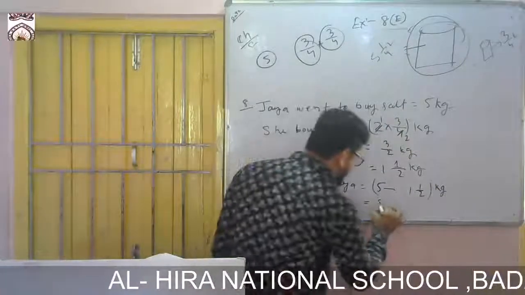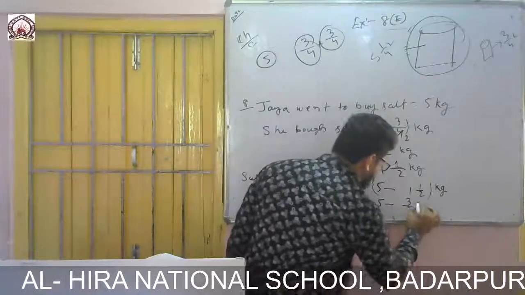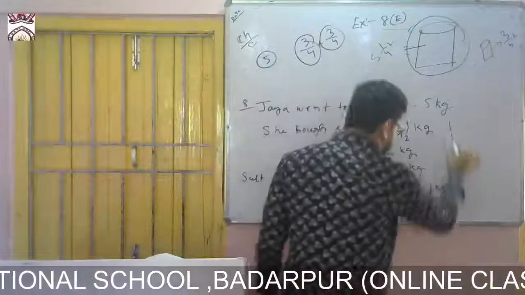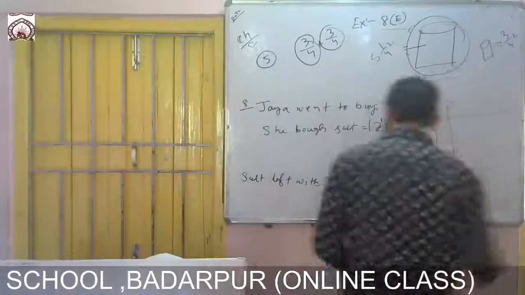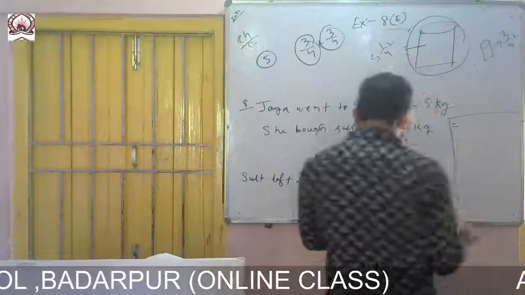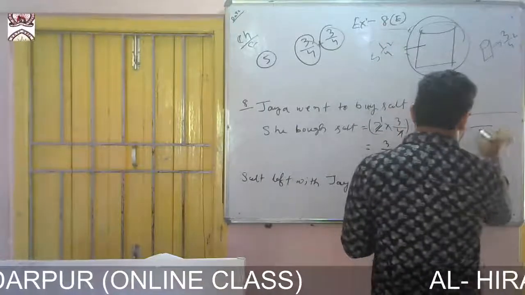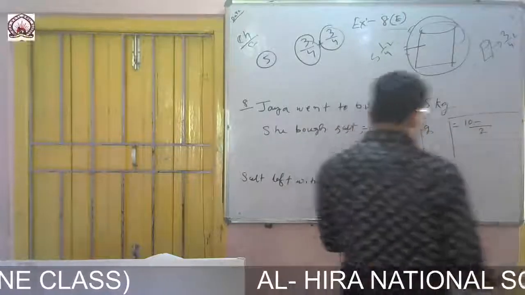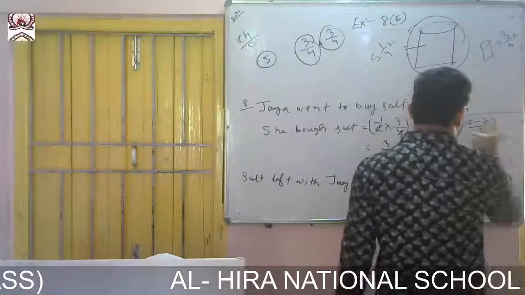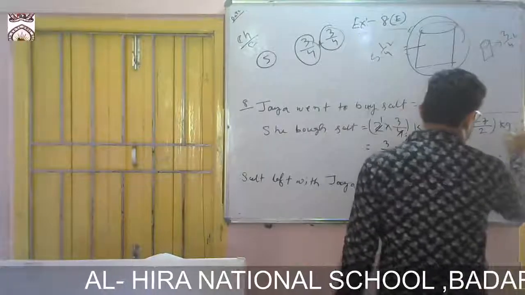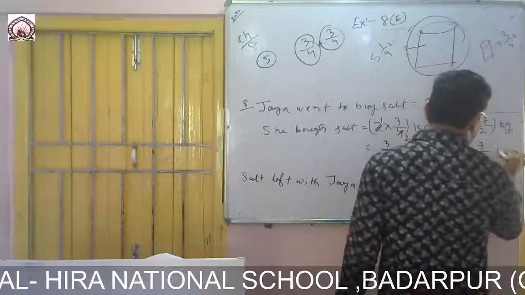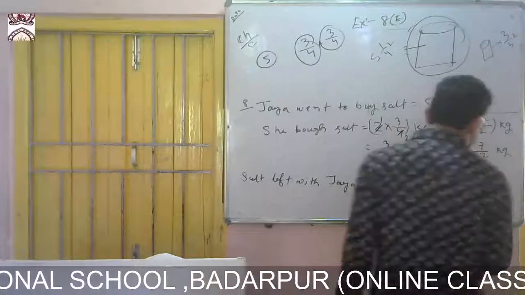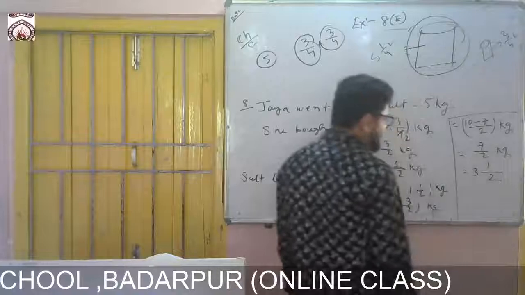So if I solve, 5 minus 3/2 kg. If I take LCM, 2, then 5 2s are 10, minus 3, so 7. 7/2 kg. I can write 7/2 kg as 2 3s are 6, 1 remains: 3 1/2 kg.